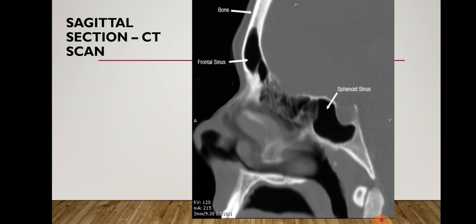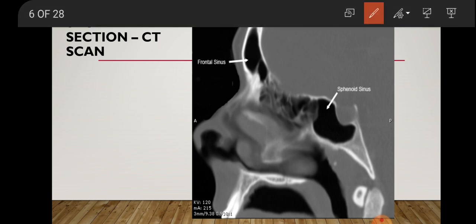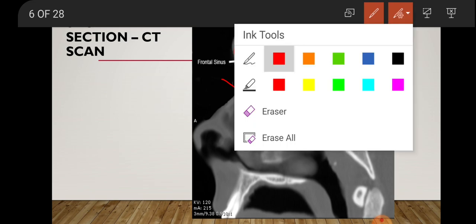So this is a sagittal section of the CT to show the sinuses. This is the anterior wall, this is the posterior wall, and this is the inferior wall, which is formed by the roof of the orbit. Anterior is the skin of the forehead, and posterior is related to the frontal lobe.